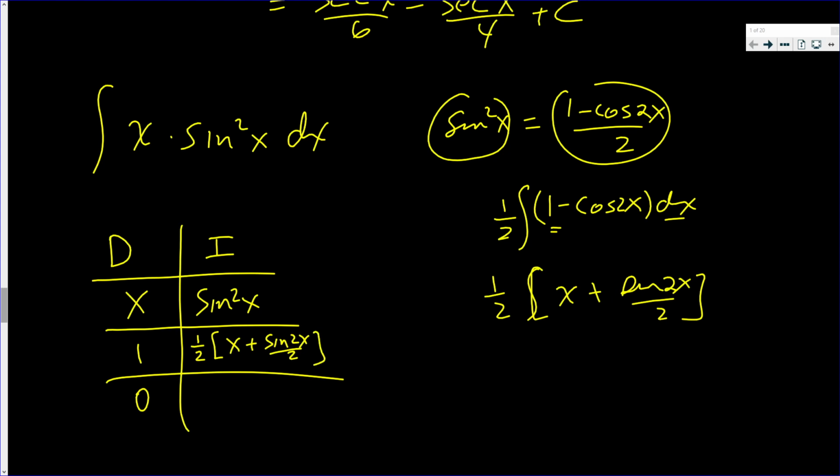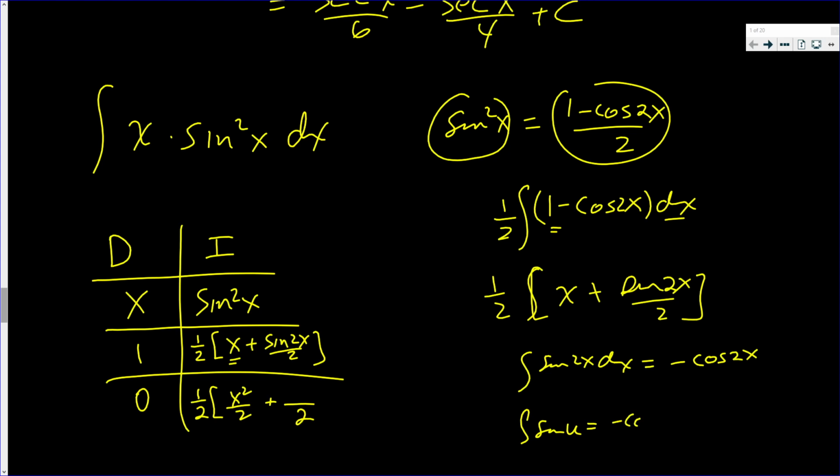Okay. What's the integral of that? Well, the constant stays. The integral of x is x squared over 2, plus... What is the integral of sine 2x dx? Well, it's going to be negative cosine 2x, because the integral of sine of u is negative cosine u. And if that's u, I have to sneak in a 2 and bring out a half.